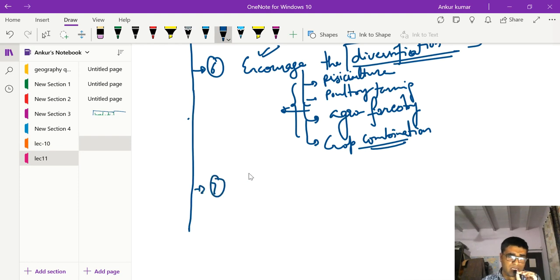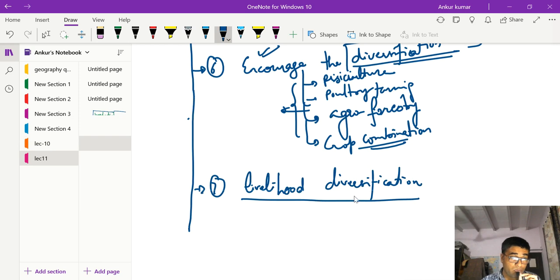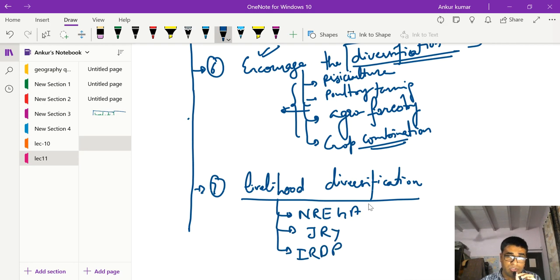See, these regions need to be spotted in terms of the livelihood diversification also. So livelihood diversification. Now livelihood diversification, what can government do? Government can engage the population in the Narega scheme, Jawahar Rozgar Yojana, integrated rural development program, right?